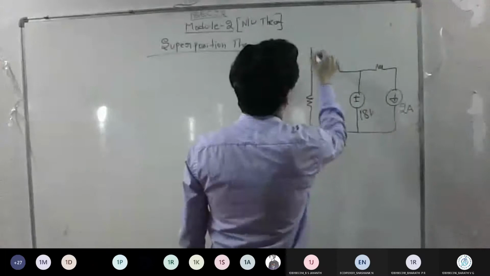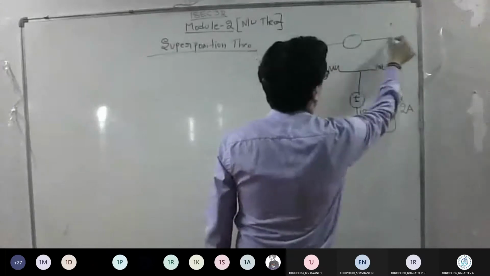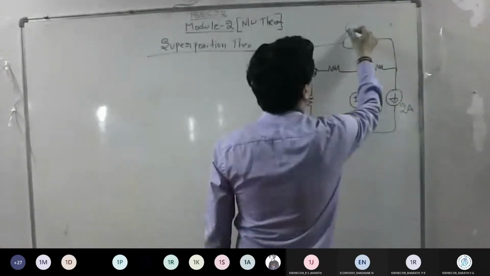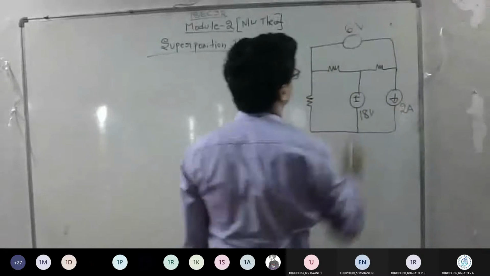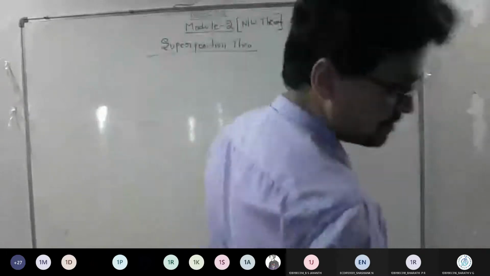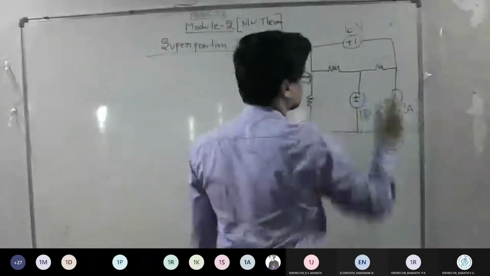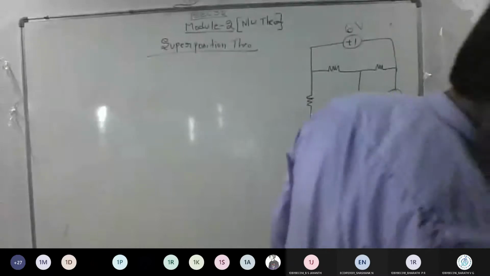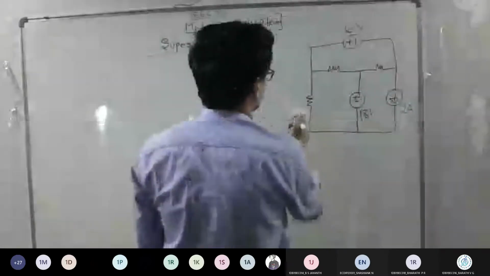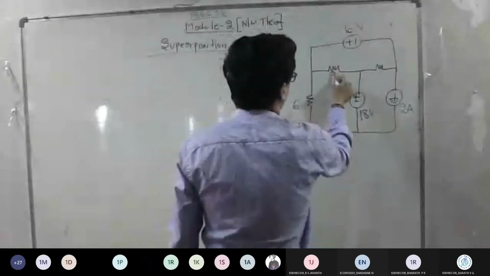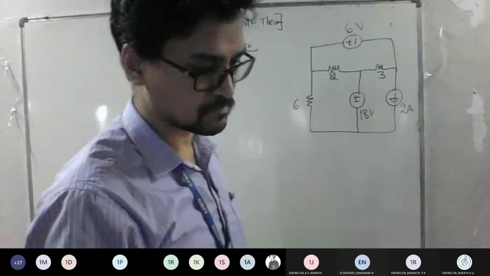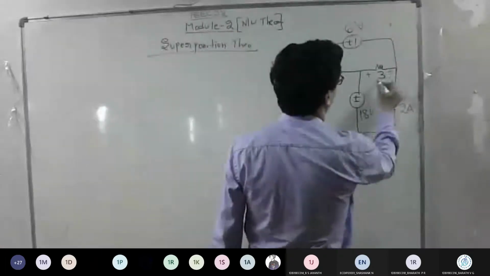We will analyze later. So the values are 6, 2, 3, 3 volt, right?